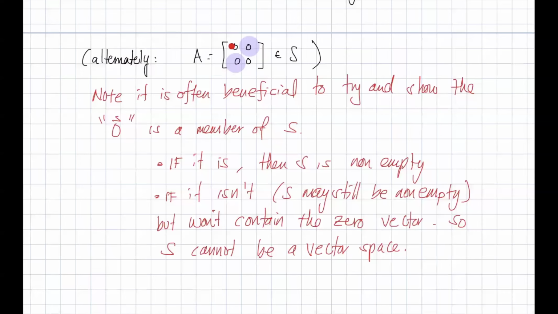Look, this thing that's called the quote-unquote zero vector for this particular set, the data structure that has zeros in all of its positions, adheres to the restriction. And so it's an easy show or tell to show something is non-empty, which is what we're doing here.